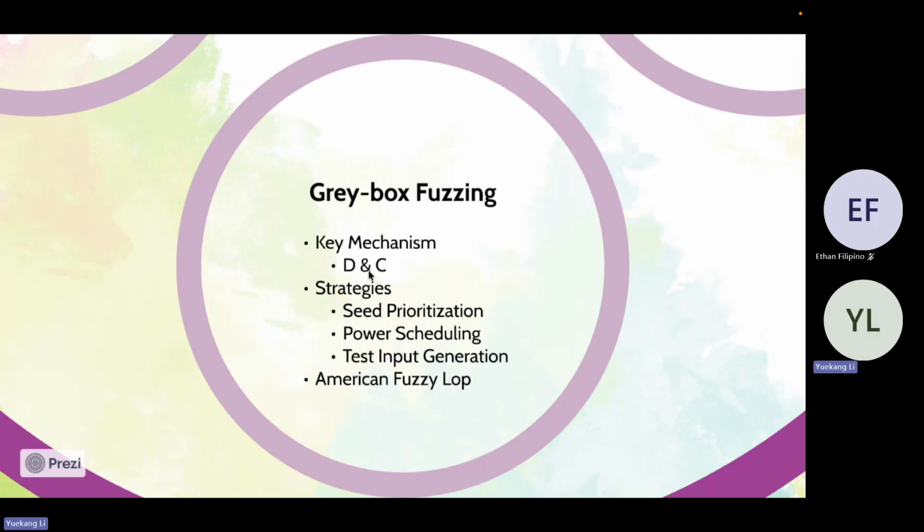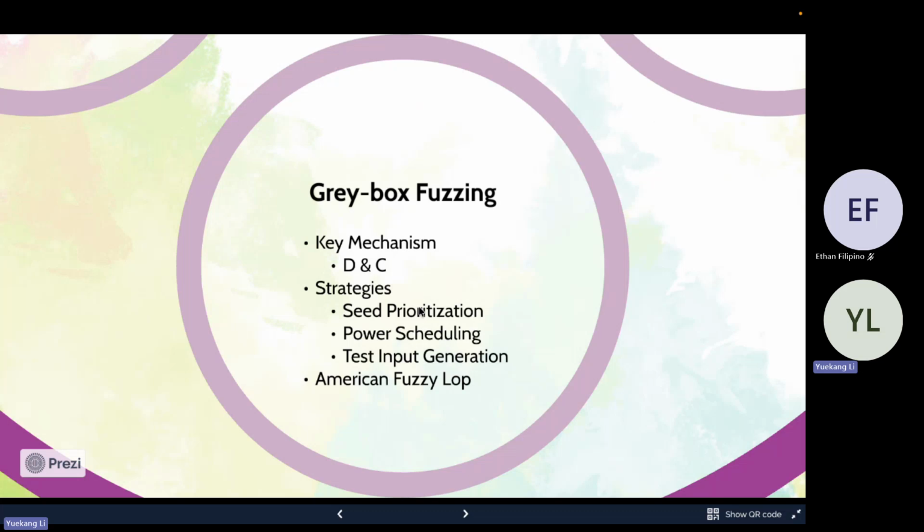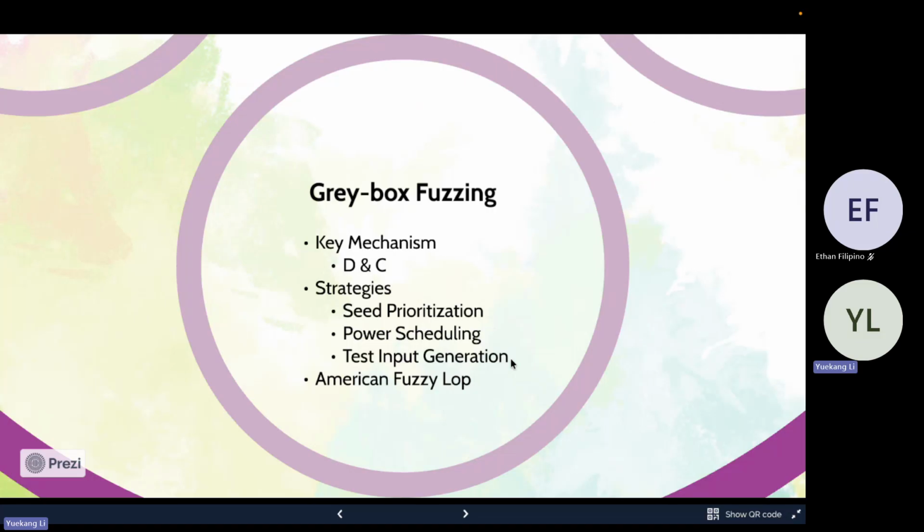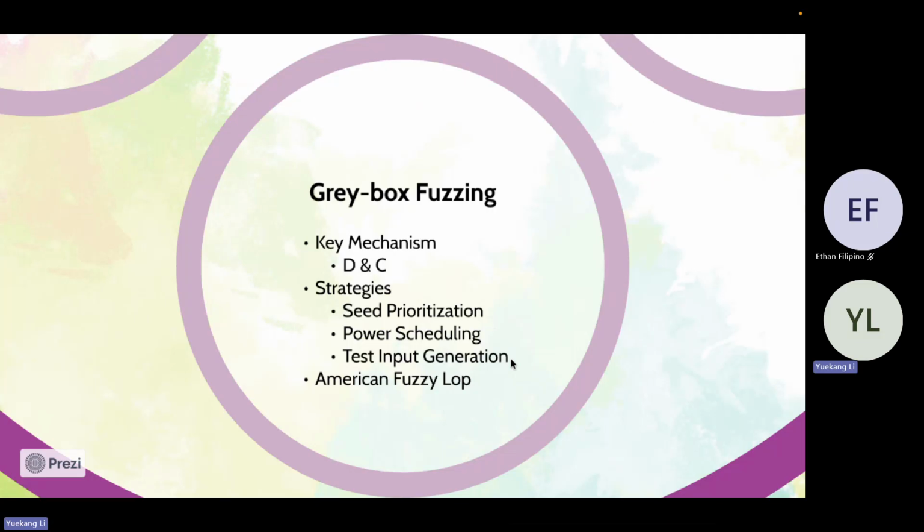Then there are several strategies related to gray box fuzzing, for example, seed scheduling, seed prioritization, power scheduling, and test input generation. You should be able to explain the difference between seed prioritization and power scheduling, and what the typical approaches are for generating new test inputs.